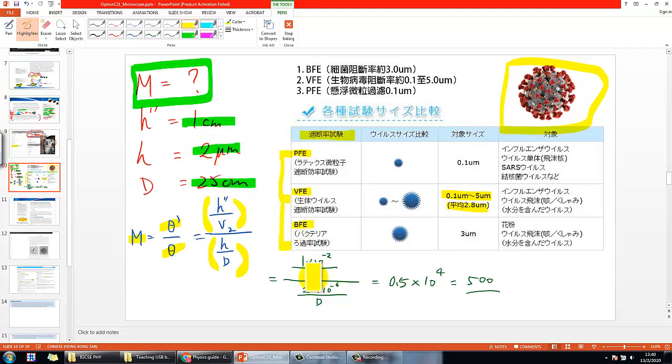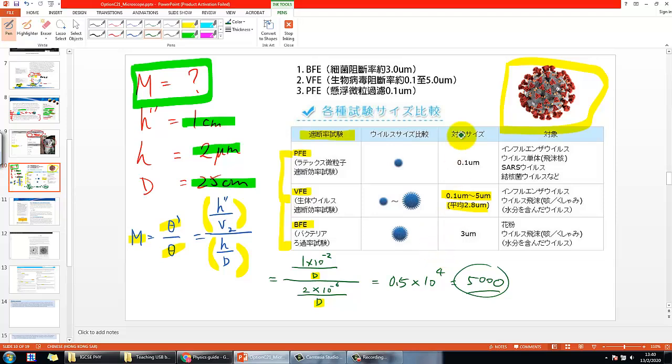Assuming that we have normal adjustment, the d will cancel each other. At the end, you will obtain, actually it's not 500, it should be 5,000. So 5,000 will be the magnification that is required. That will be extremely difficult.